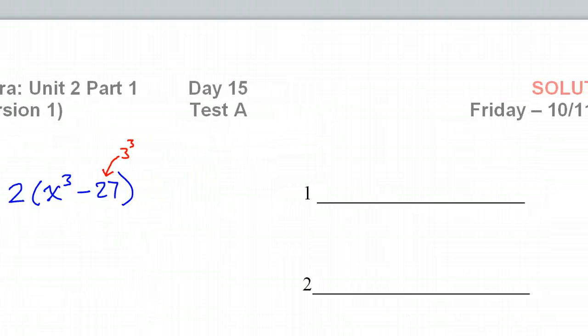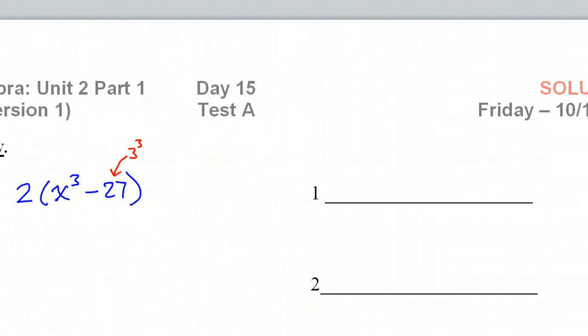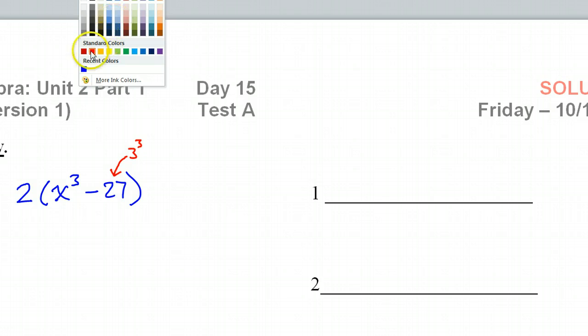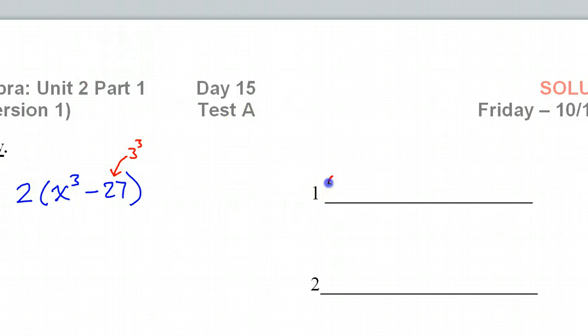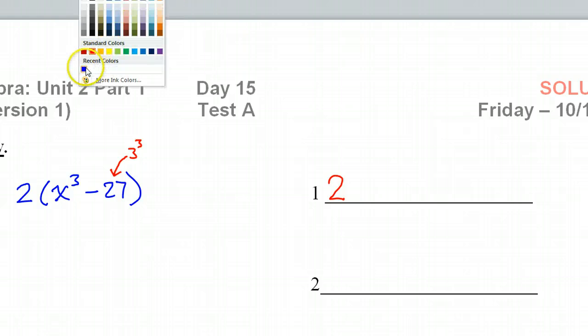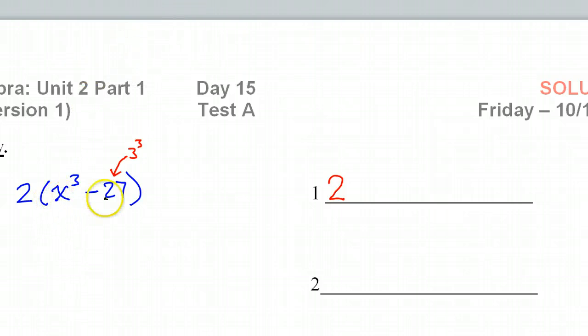Alright, so the pattern worked like this. First of all, we're going to keep that 2. I'm just going to put that 2 out front, and that's going to stay there. Now focus on this part. The sum or difference of two cubes always factors as a binomial times a trinomial.